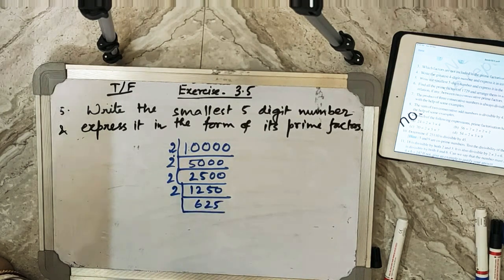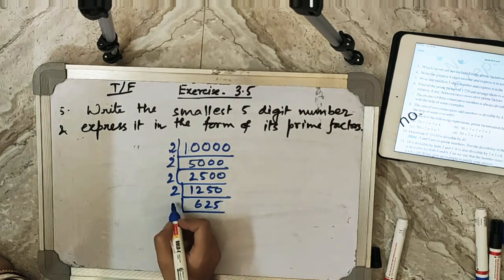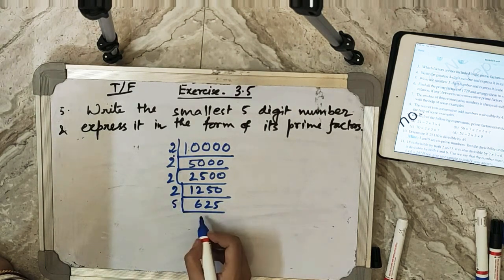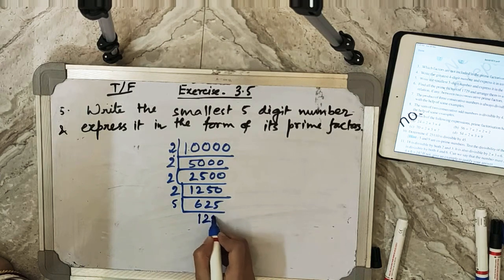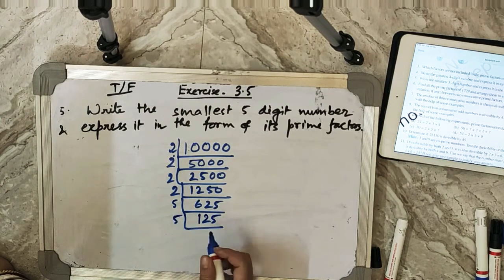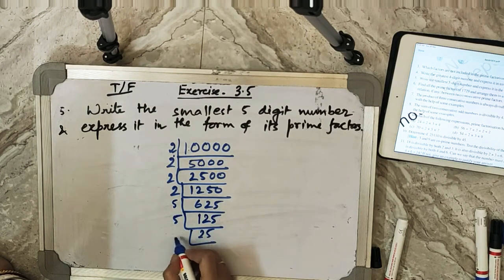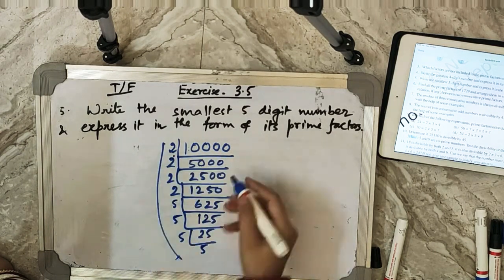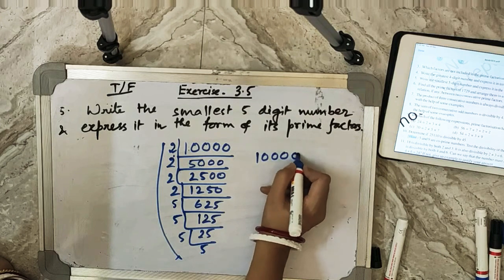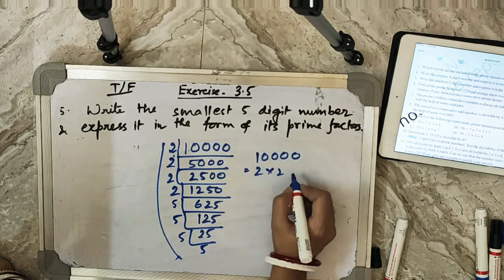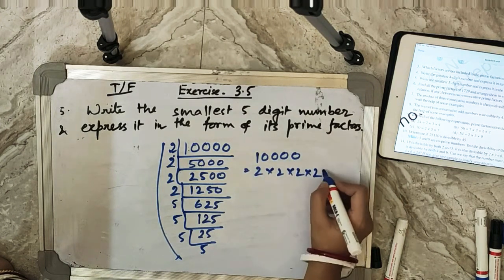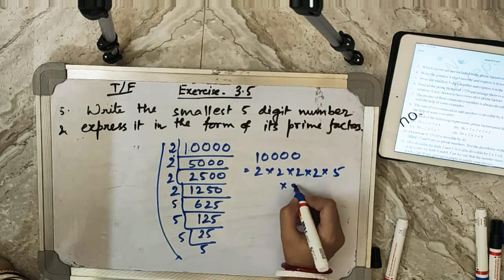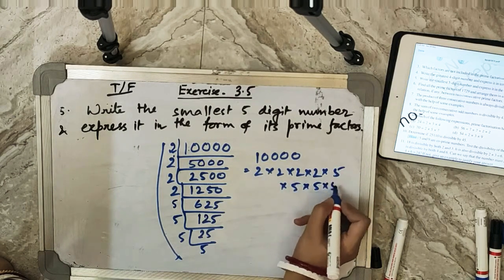Then 625 has come. So we will divide it by 5. Then again we will divide it by 5. Then again we will divide it by 5. So this 10,000 can be written in this way: 2 into 2 into 2 into 2 into 5 into 5 into 5 into 5.